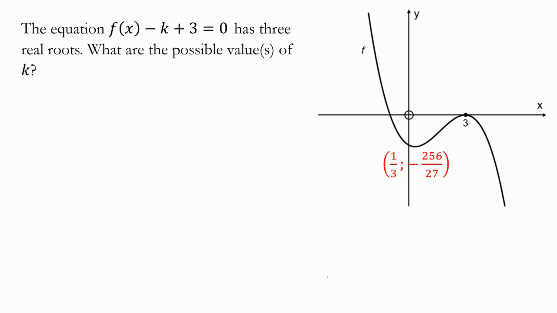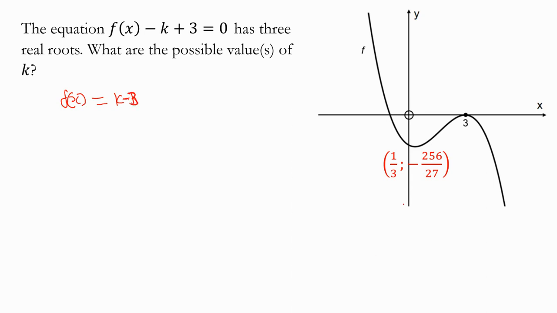Right, and then now, what do we do with this? We said here we've isolated f of x is equal to k minus 3.